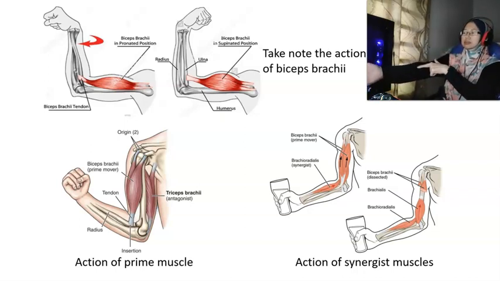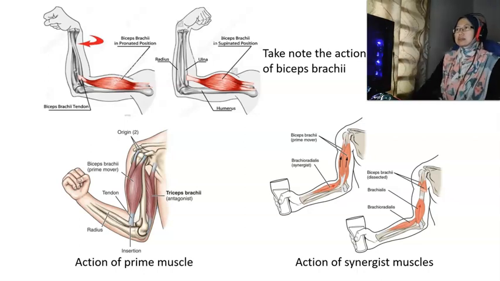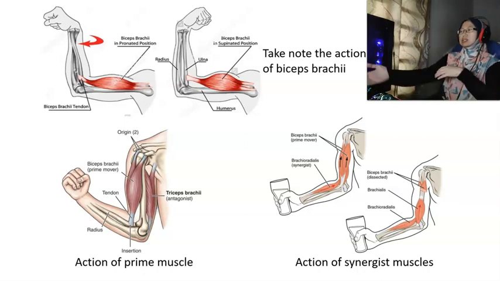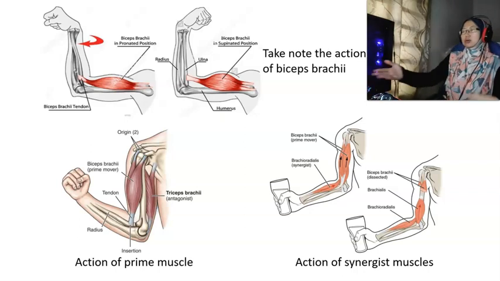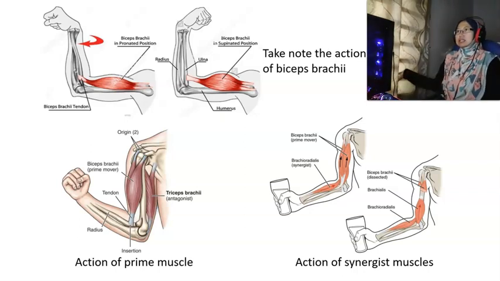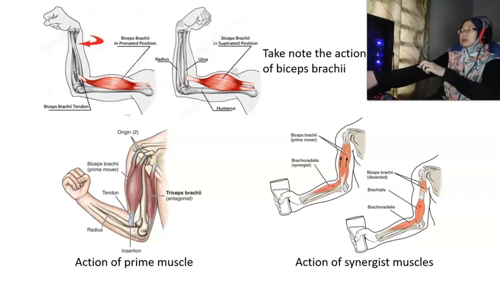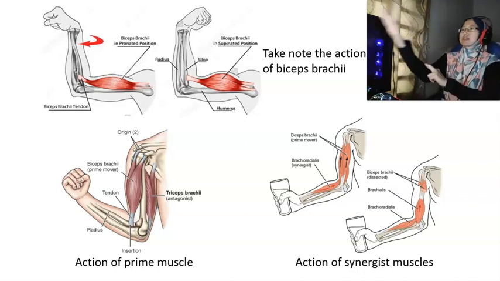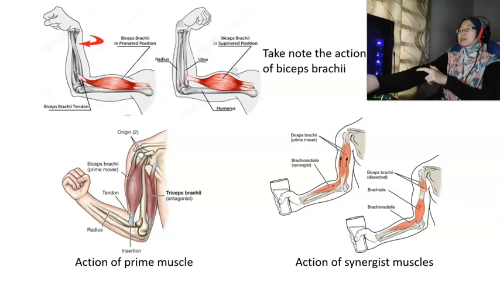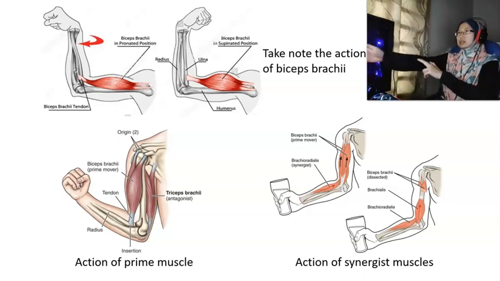Okay, sini ke sini. So, in the neutral plane, your hand like this, nampak tak? Macam ni kan, simple, flex elbow, your biceps brachii. But bila you supinate, nampak tak?